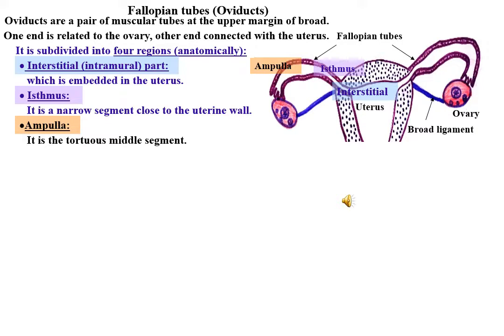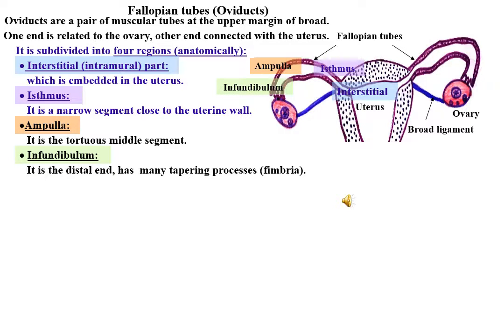The ampulla is the tortuous middle segment constituting more than half the length of the duct and is the site of fertilization. Then finally the infundibulum, which is the distal end of the tube, has many tapering processes, the fimbriae.